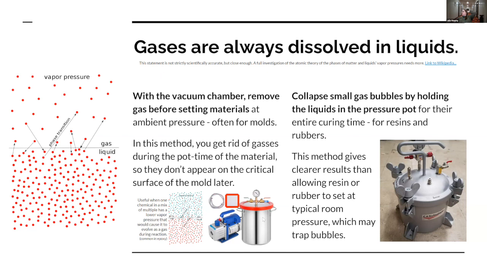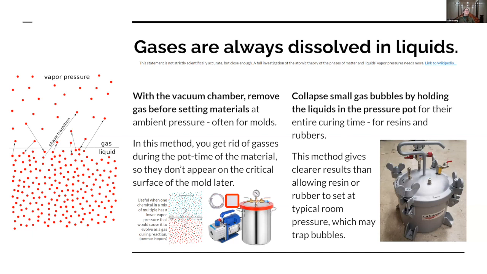Typically what the vacuum chambers are used for is, one, to remove the bubbles out of the rubber you're using to make a mold that can't fit into the pressure pot. Like you have to make it just on the tabletop because it won't fit to do it another way. It'll get most of the bubbles out. It's known as degassing. You can also degas the material you're pouring into it.